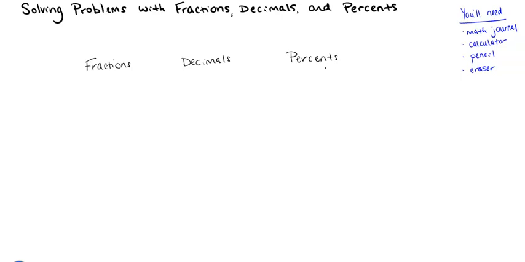There are three different ways of communicating numbers. So decimal numbers always have a decimal place, and they might be less than 1, they could be a whole number, or they could be more than 1.